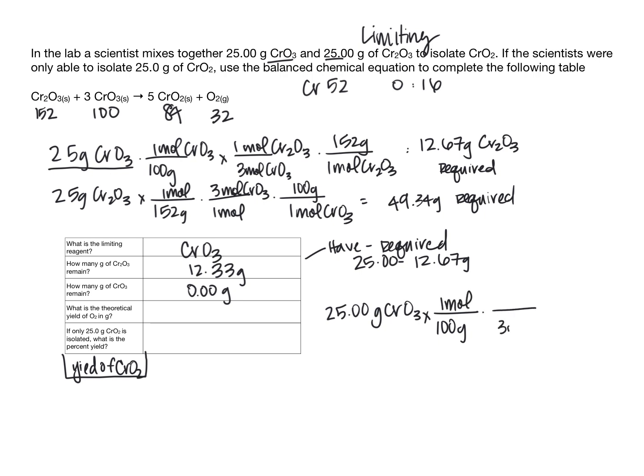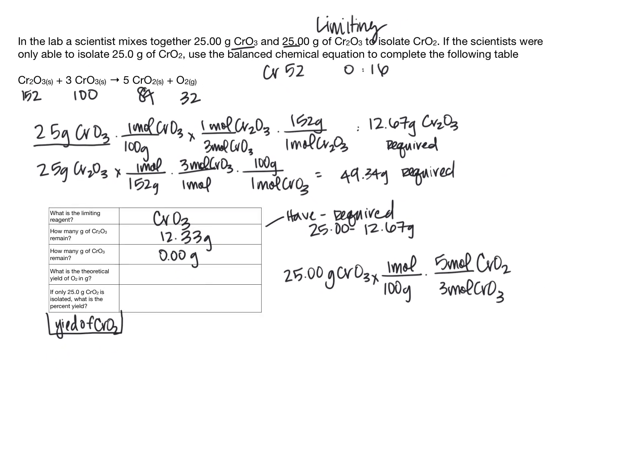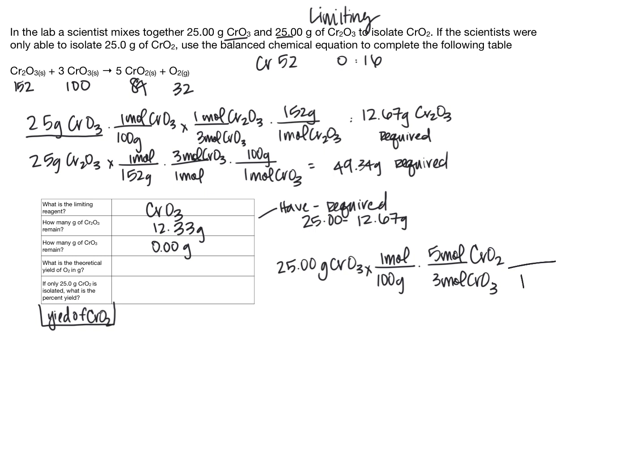For every 3 moles of CrO3, there are 5 moles of CrO2. Sorry for the jiggling. For every 1 mole of this, we have 84 grams. And so the yield for this is 35 grams.